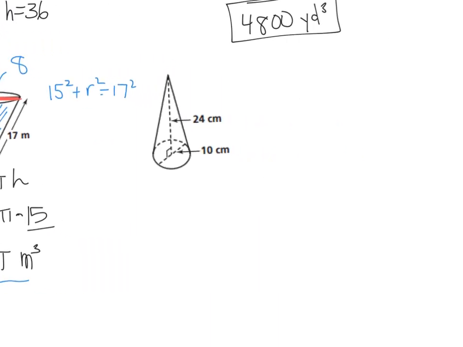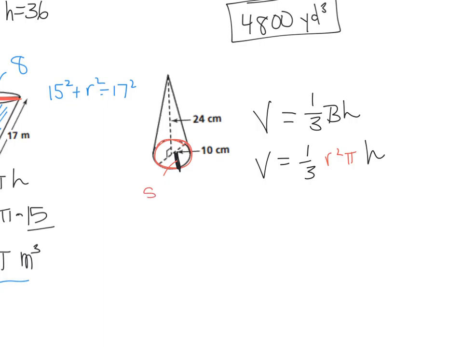And then the next one, volume equals 1/3 the area of the base times the height. Again, you have a circle on the bottom, so it's actually 1/3 r squared pi times the height. My circle's radius is 5, so I'm going to do 1/3 5 squared pi times my height, which is 24.